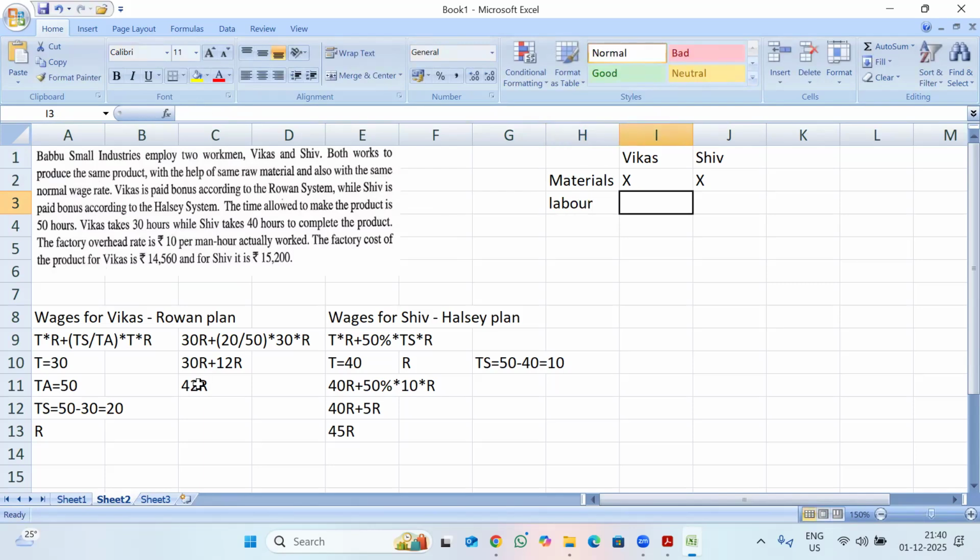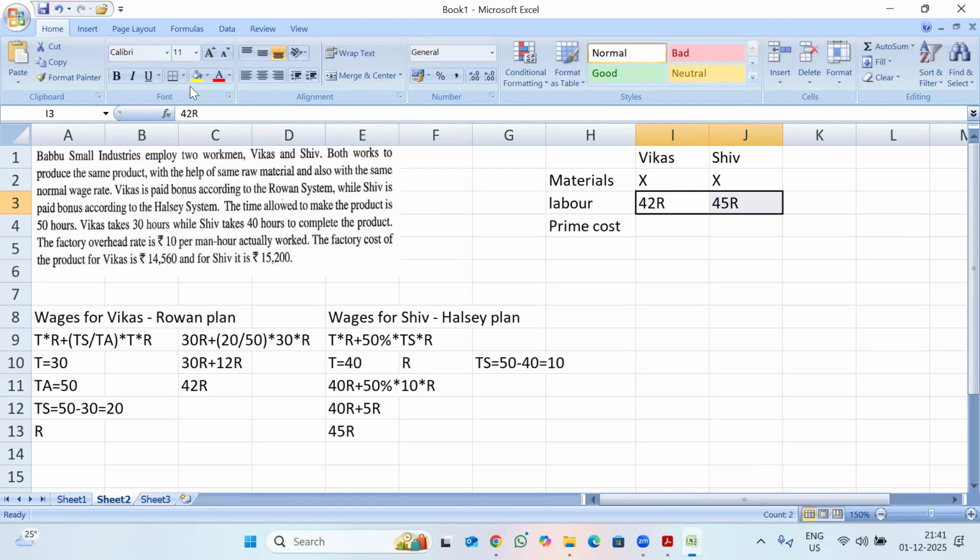Here it is 42 hours, here it is 45 hours. So my prime cost will be X plus 42R. In case of Shiv, it is X plus 45R.